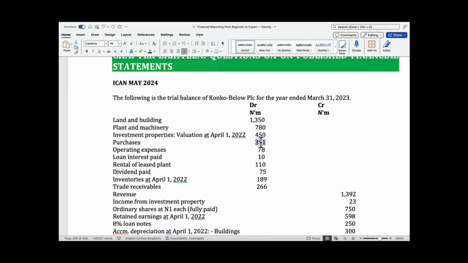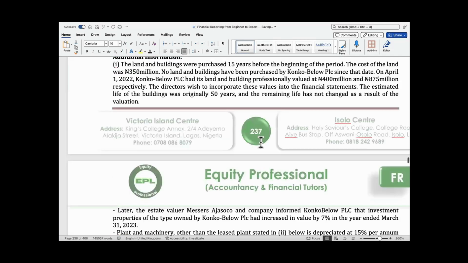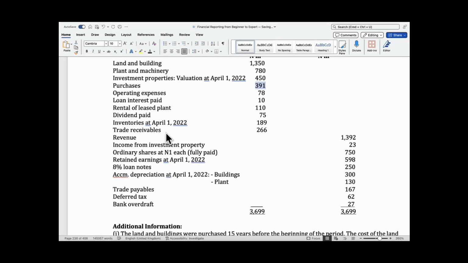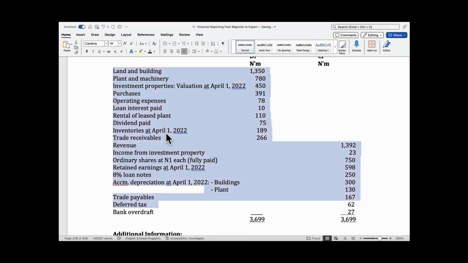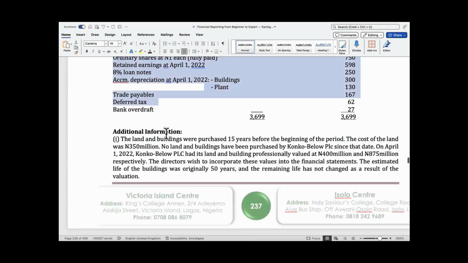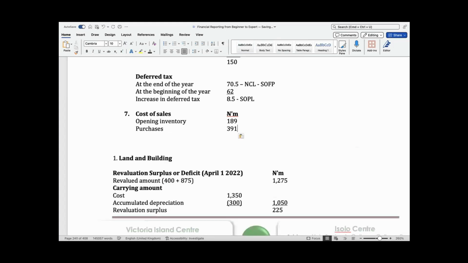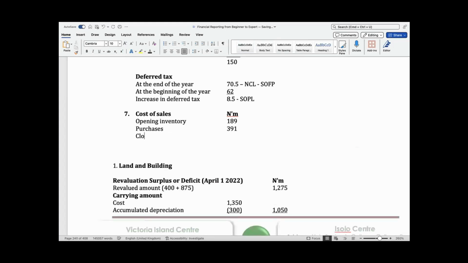I don't have any returns inward, returns outward or carriage inward here. So my purchases is 391.